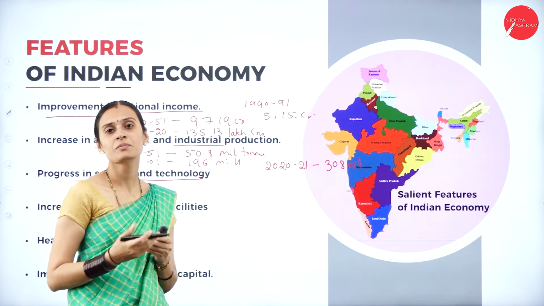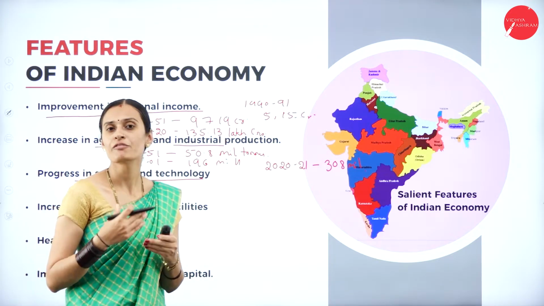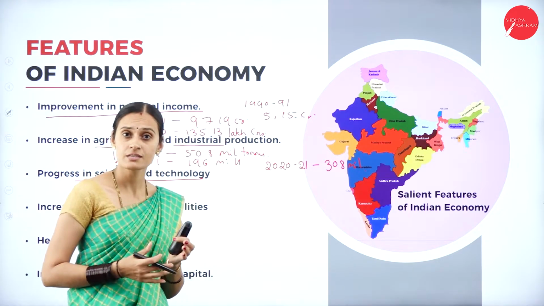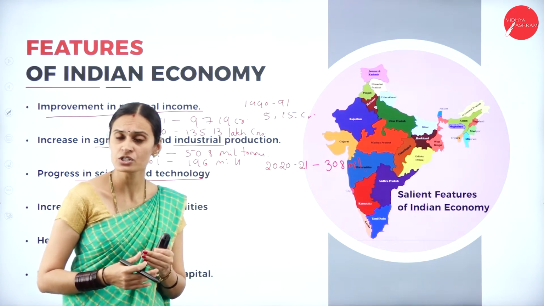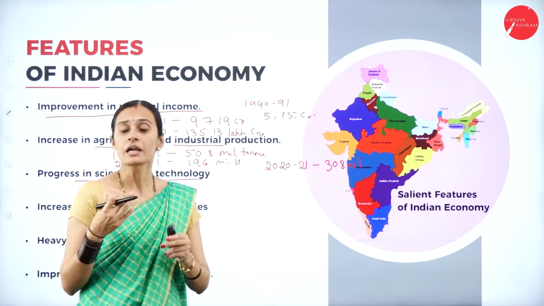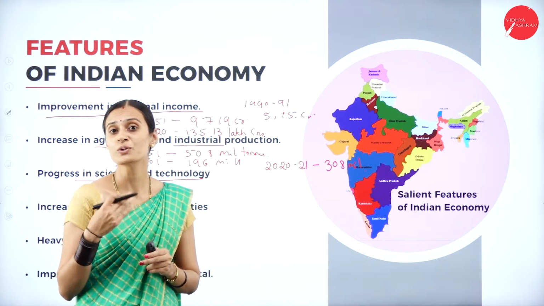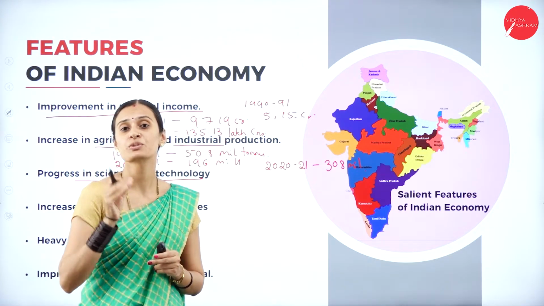Yes, there has been remarkable progress in science and technology. We have achieved in different fields of science and technology: engineering, atomic research, space research, and many other areas. India is considered the sixth nation in the world to have gone into outer space to understand nature, which benefits the people.